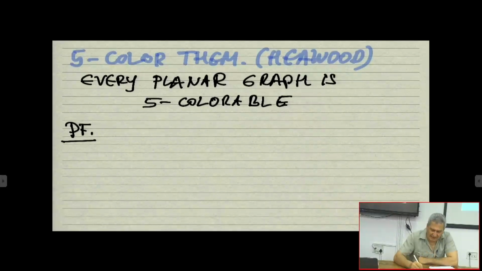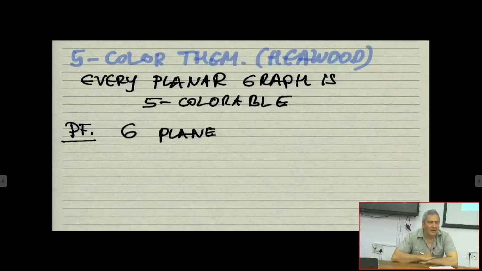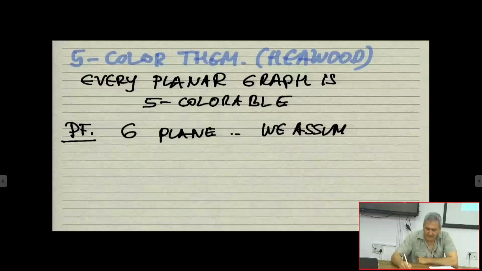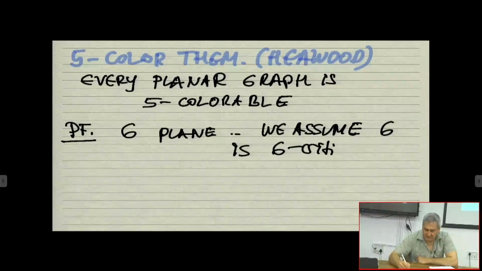We have G, a planar graph. We can assume that the graph is critical. If not critical, we can remove some edges, some vertices, and we assume G is 6-critical.